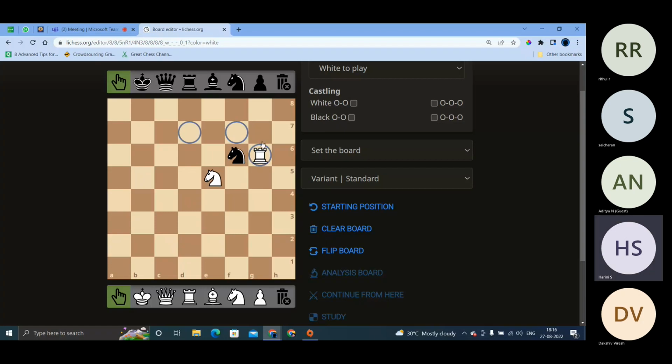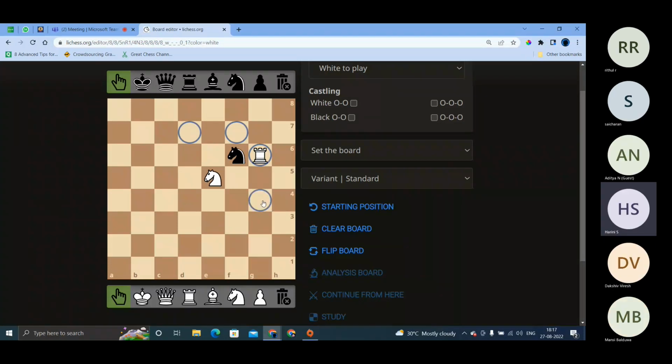Since the own piece is there, this knight is supporting. Here it is controlling because it is an empty square. Here he is controlling the square. So 2 steps here, 2 steps here. If there is an opponent's piece on its landing square, only on the landing square, not on its way, even if there is an opponent's piece on its way, it cannot capture, but it can capture only the piece which is on its landing square.